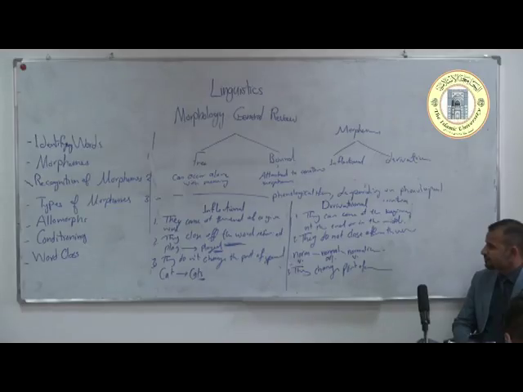The same example, if we talk about the plural morpheme s, sometimes we pronounce it as s, sometimes z, sometimes iz.